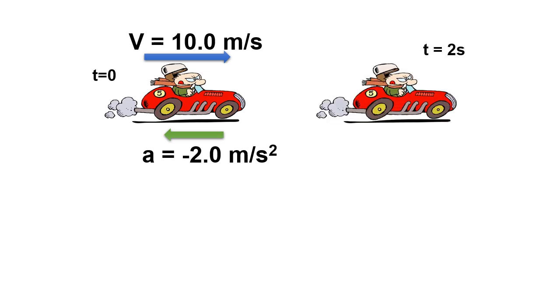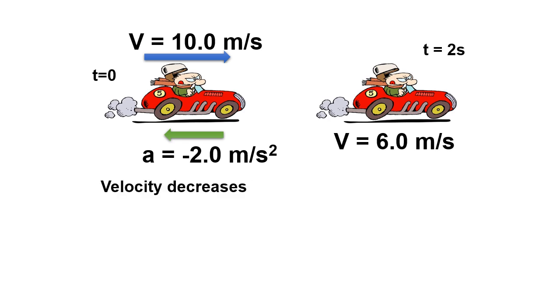So after 2 seconds, velocity will be 6 meter per second. Velocity decreases from 10 to 6. Magnitude or speed also decreases. So this is very important to note.